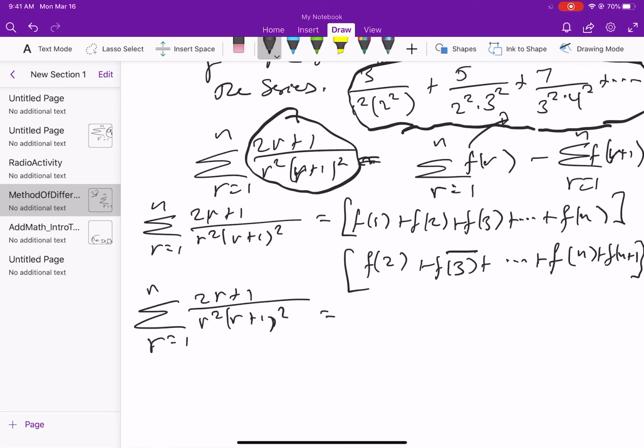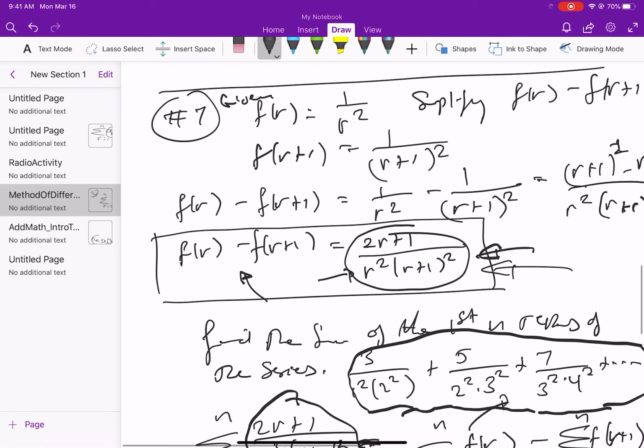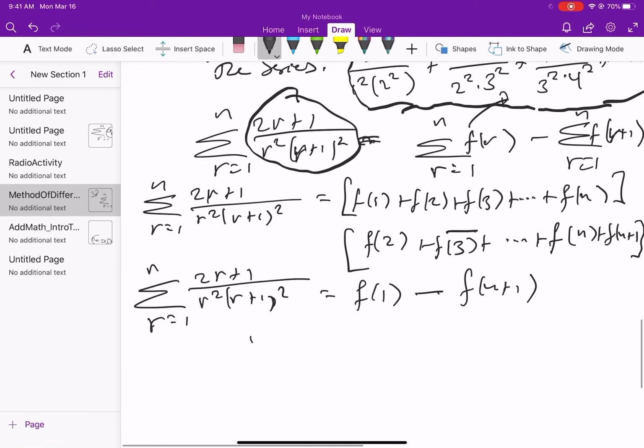from the first bracket I have f of 1 left over, and from the last bracket minus f of n plus 1. And everybody knows what f of r is. F of r is 1 upon r squared.